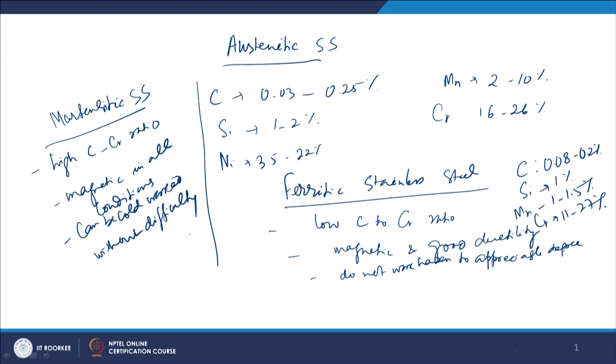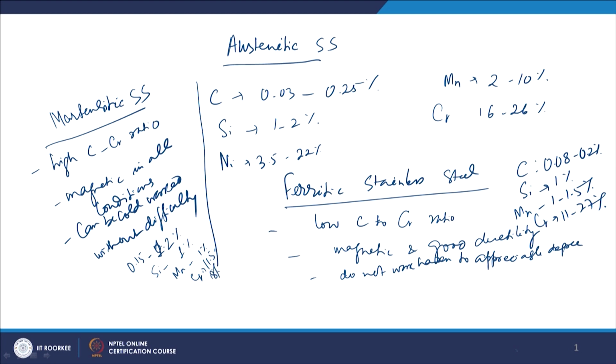Then they can have good finishing and good toughness. All these properties are there with these Martensitic stainless steels. If you talk about the composition, carbon is 0.15 to 1.2%. Then you have silicon as 1%, manganese again as 1%, and chromium from 11.5 to maybe 18%.